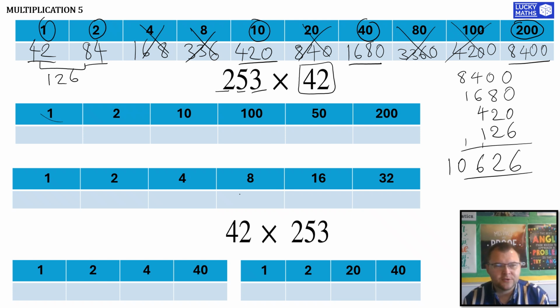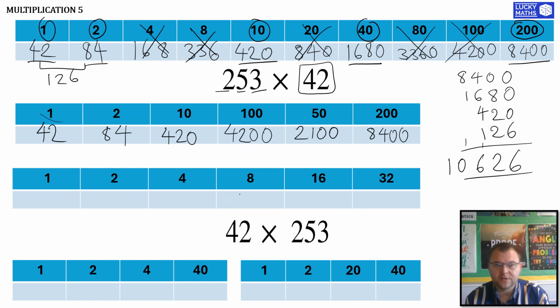So again, to show you a variation of that, 42 doubles to make 84. But then what I've done is I've gone straight to 10 lots, 420, and then upscaled that to 4,200. Just going to double that and get the 200 lots locked in. 50 lots. You may have seen previous videos where I mentioned if you half the 100, so in this case 4,200 halves to make 2,100.